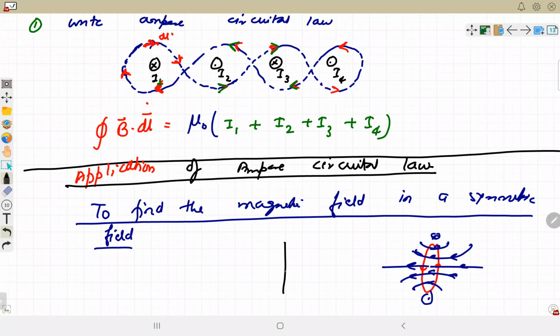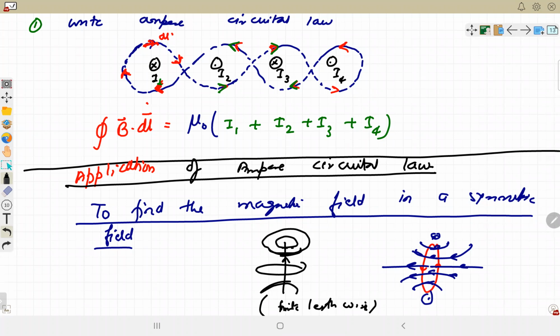What about finite wire? Again, for a finite wire only at the center it will be straight, otherwise it will be making some closed loop like this. You can recall the same concept when we did electric field calculation. For a finite length wire, the electric field that starts from center was only symmetrical.